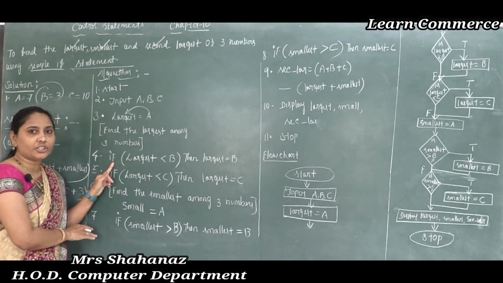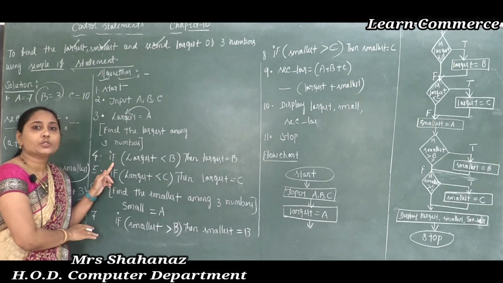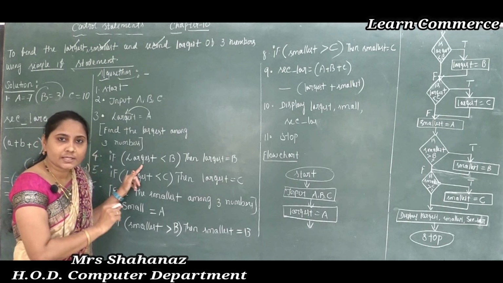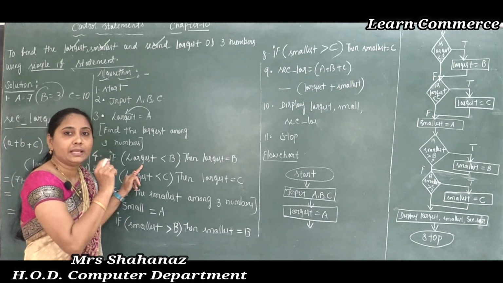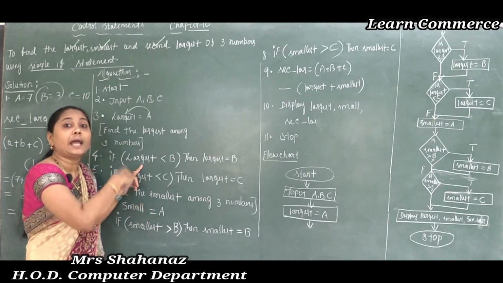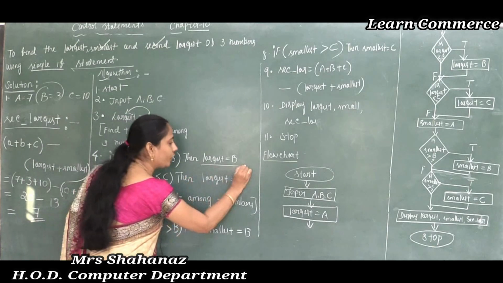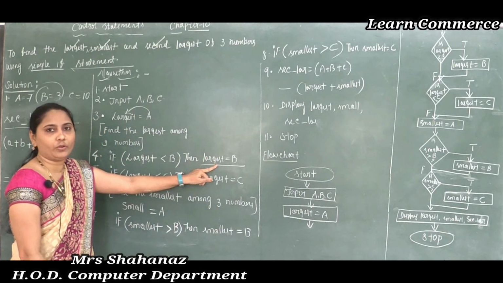So the second condition, our step 4, says: if the largest value, that is A, is less than B, and the condition is true, then we can say that the largest value is equal to B.